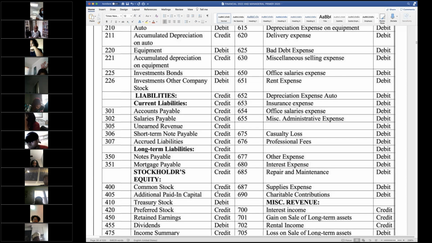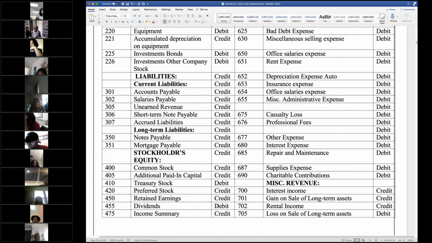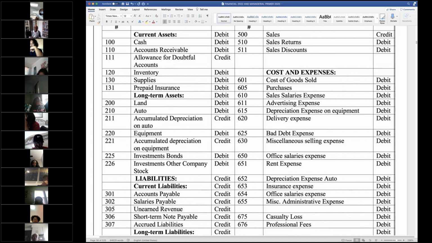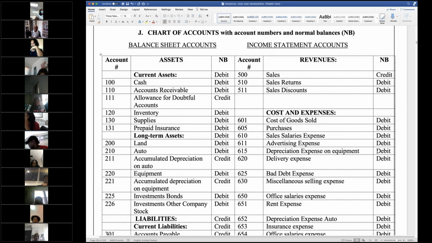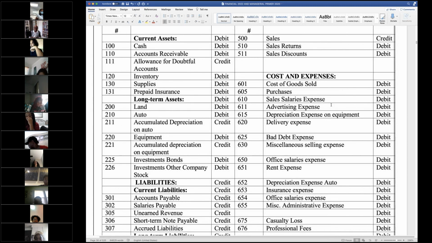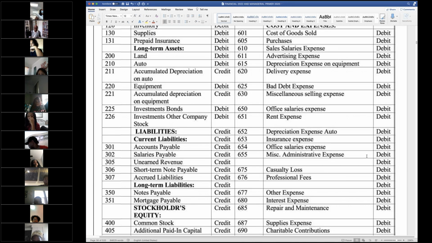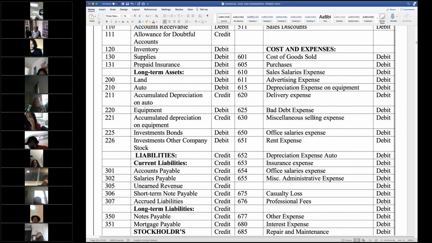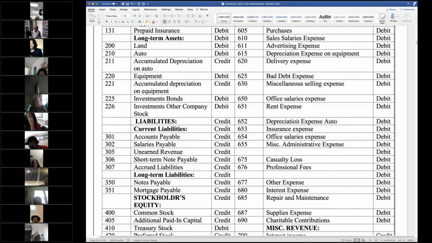Common stock. Dividends are going to have a debit balance. Revenue is going to have a credit balance. And all expenses are supposed to have debit balances. So you should always have this chart available. It's telling you the normal balance and where things go. You want to make sure you have this as a ready reference.